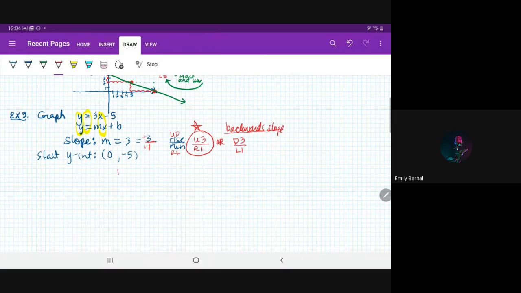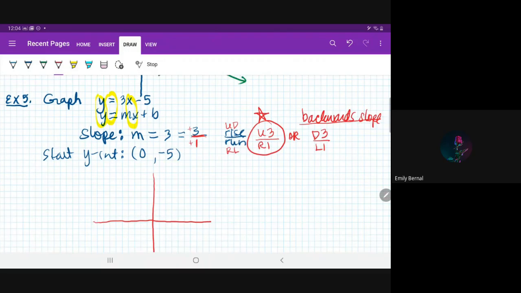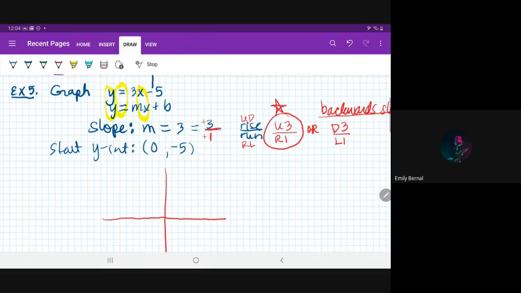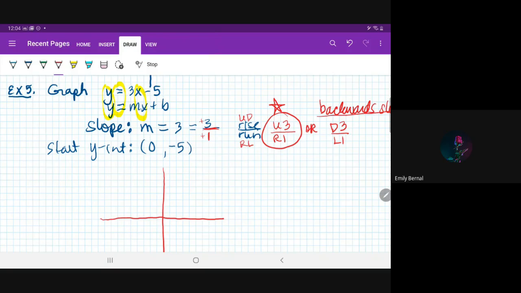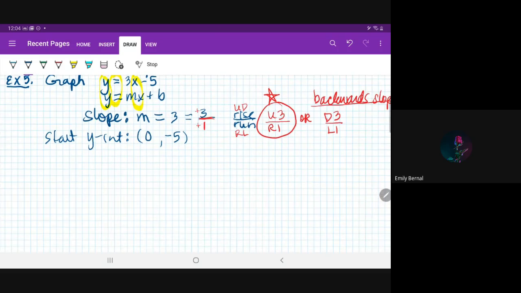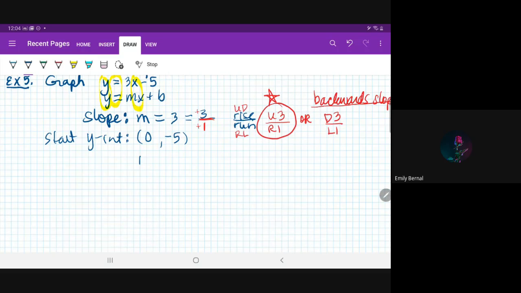Let's draw this out. Oh, we should be zoomed in though, so you guys could see my squares better. Okay, and then the key on these lines, once you get the hang of it, it's a good shortcut. But at the beginning, it's brand new, so it's a little weird.